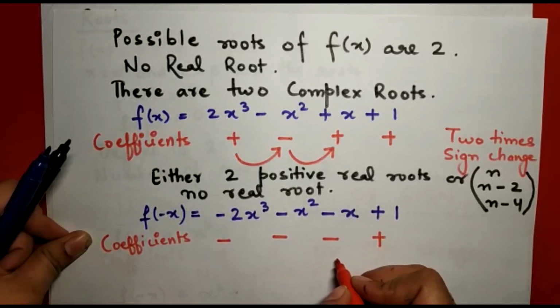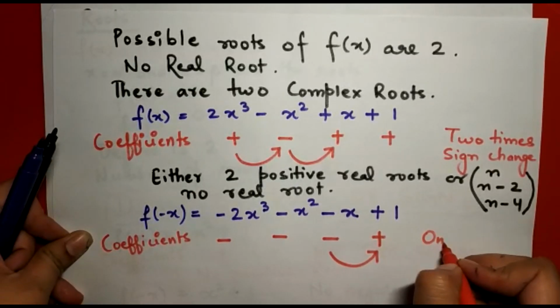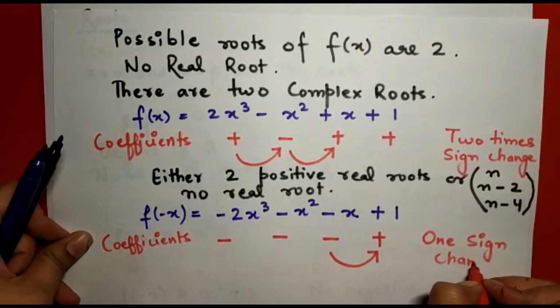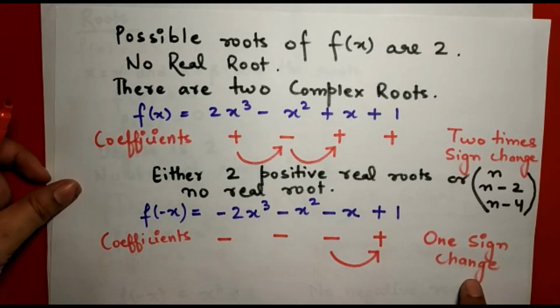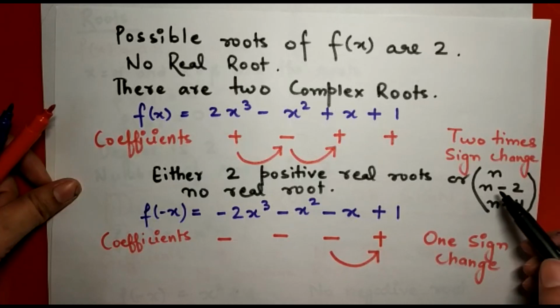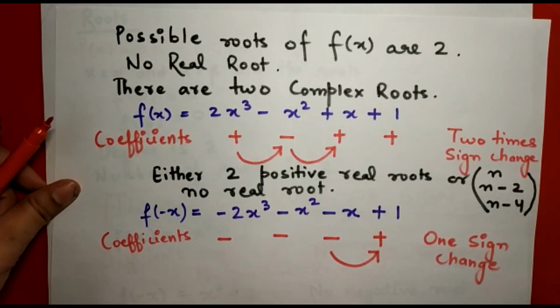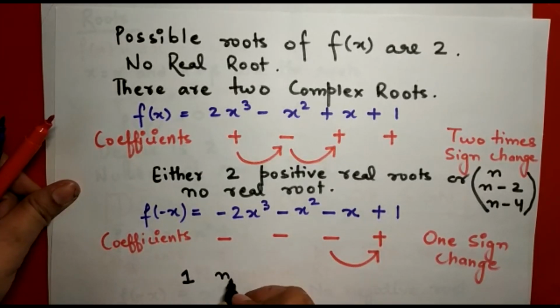So there is only one sign change. Just tell me how many negative real roots you are going to get. Definitely only one, because here n is 1 and n minus 2 is minus 1, which is not possible. So the possibility is 1 negative real root.